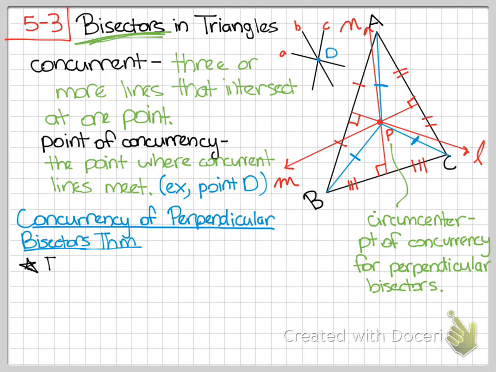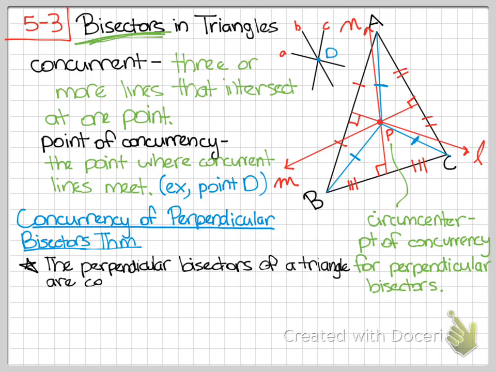I could say that the perpendicular bisectors of a triangle are concurrent, meaning they all meet, at a point called the circumcenter, equidistant from the vertices.